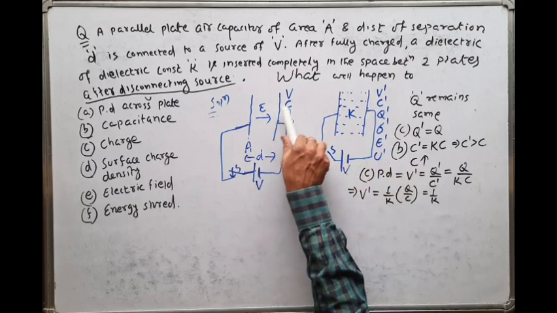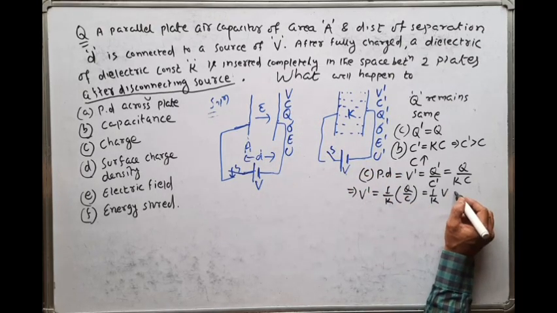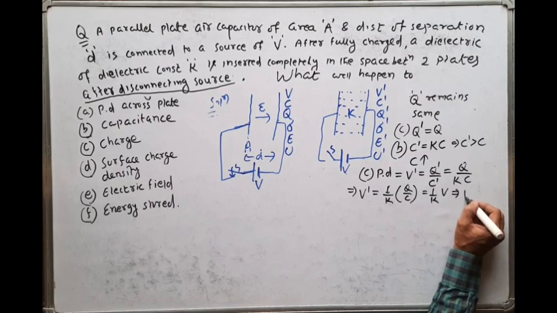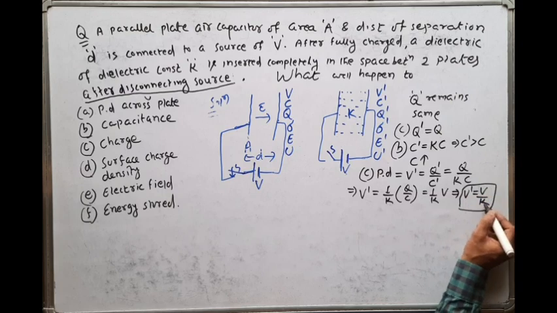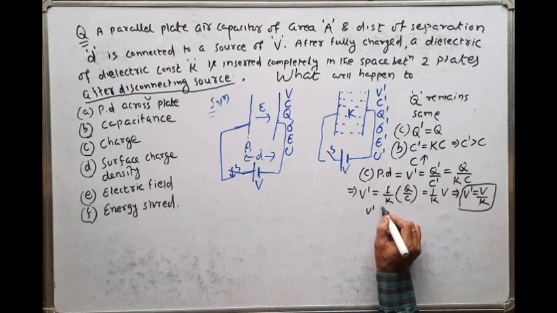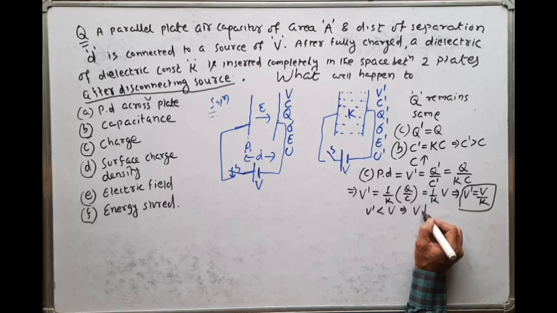Q by C is nothing but voltage, V. So V dash is equal to V by K. Since K is greater than 1, V dash is less than V. So the potential difference across the plates will decrease.